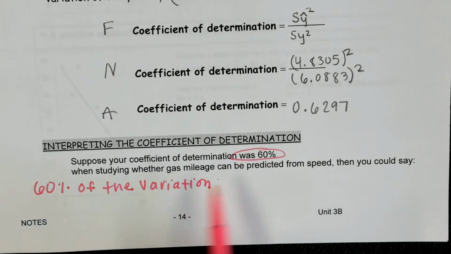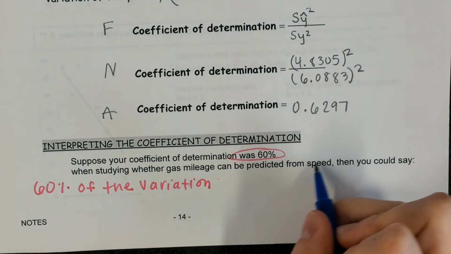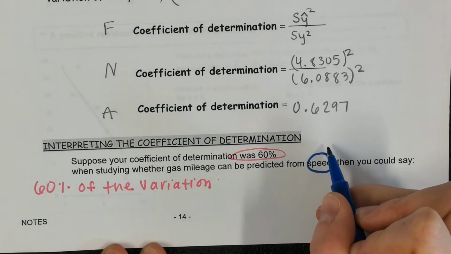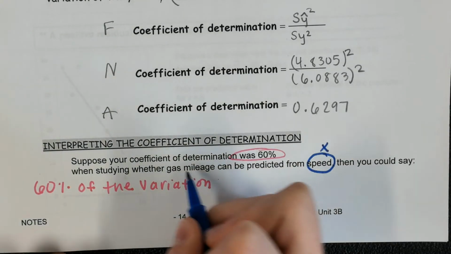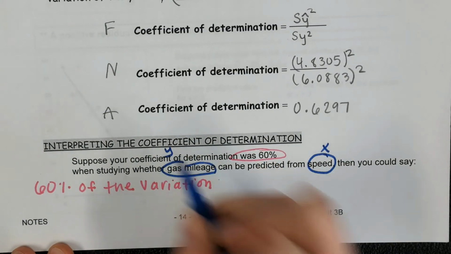What is the response variable here? It says, when studying whether gas mileage can be predicted from speed. So I'm saying, hey, given my speed, can I predict my gas mileage?